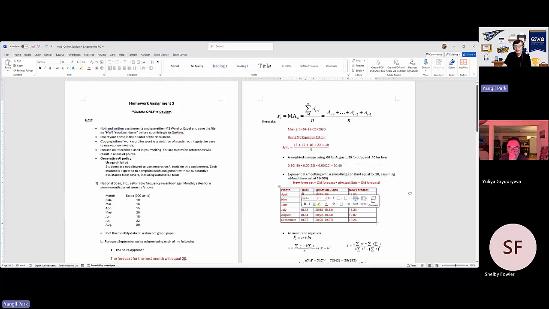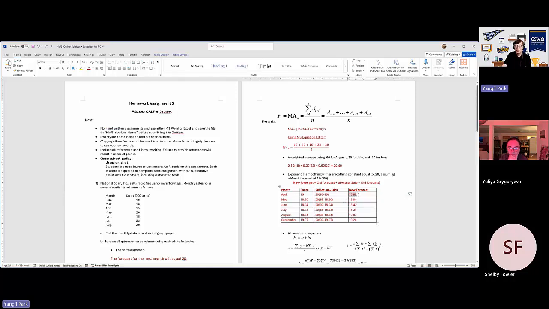Okay. Then 18 is the previous number, which is 18 over here in March. So 18 minus 19 based on the formula, and you add them up. Okay, then you're going to get 18.80, which is the new forecast for the month.